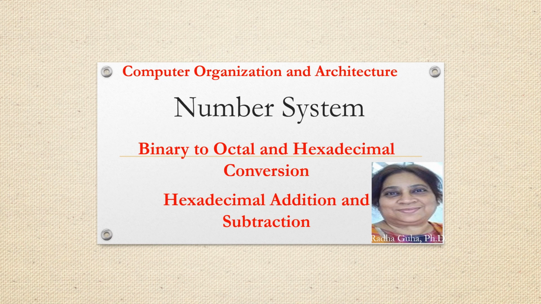In the previous videos, I have introduced how to do the conversion from one number system to another. There, I have shown how binary, octal, and hexadecimal number systems are first converted to the decimal number system, and from decimal to other number systems.